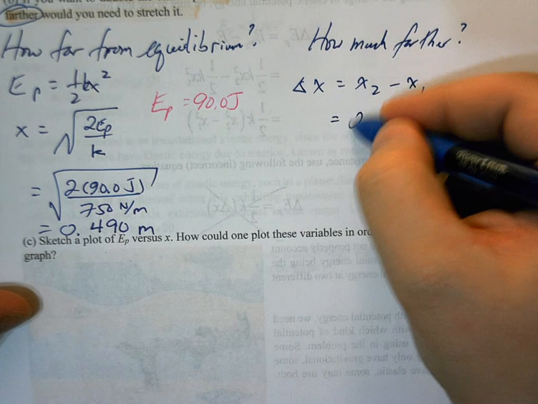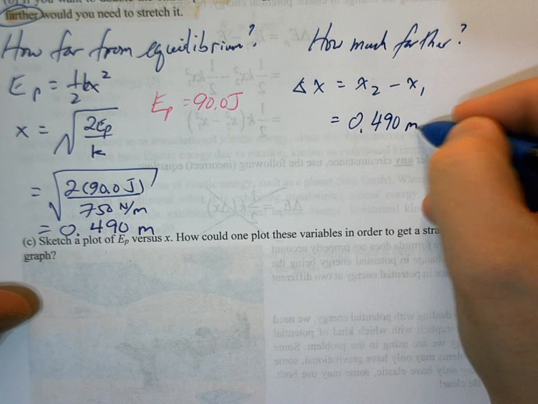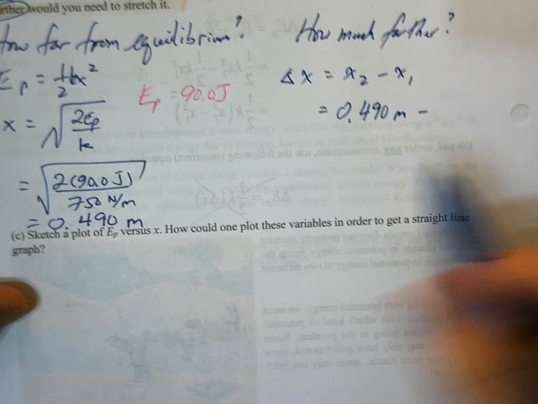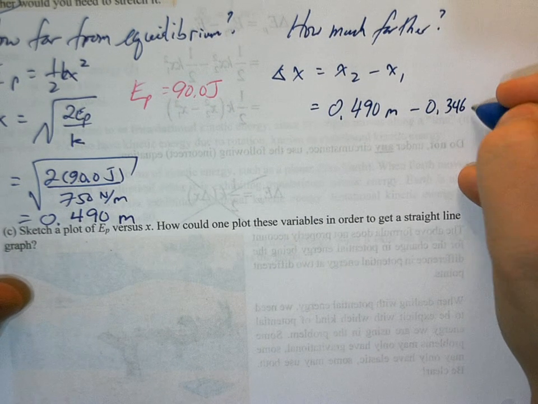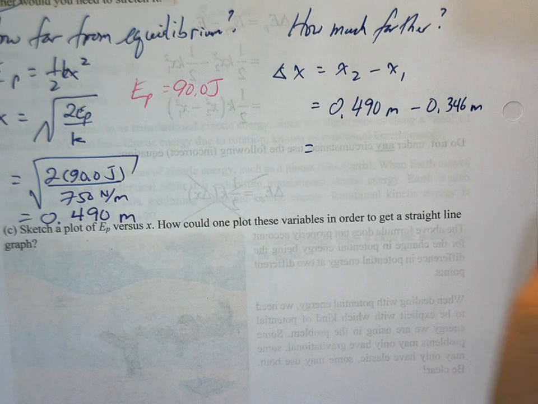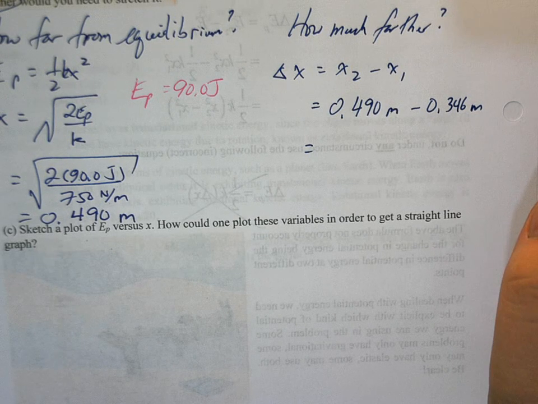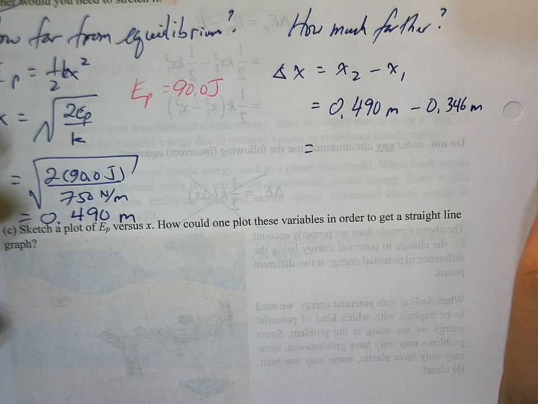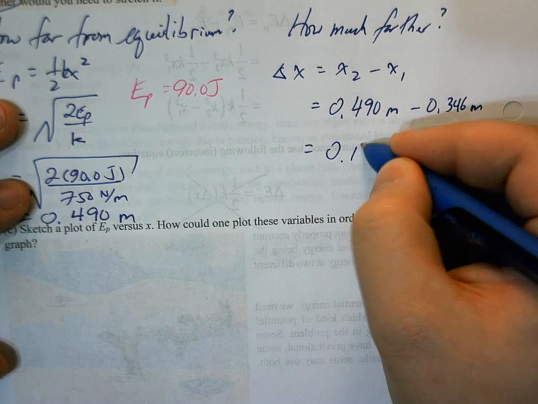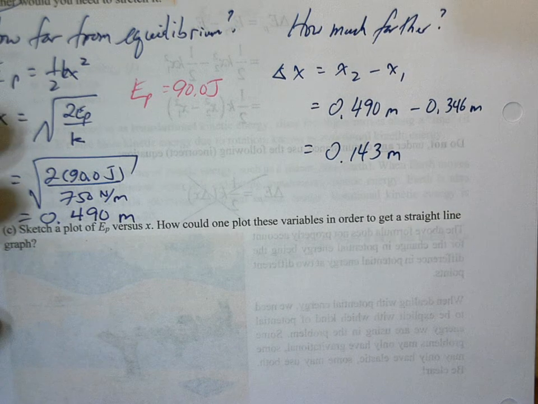We need to stretch at 0.490 meters, and we've already stretched at 0.346 meters. So what am I going to get here? Let me punch this in the calculator. So I'm going to get about 0.143 meters.